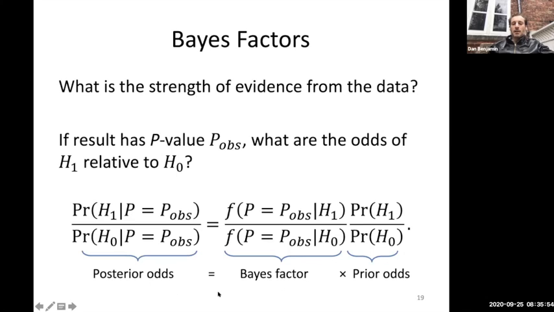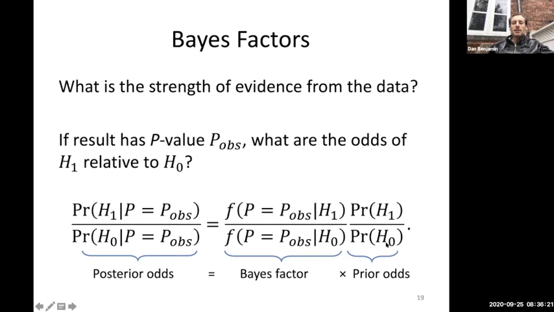The posterior odds equals, and now this term that previously was the rejection ratio, now that we have p equals p obs, is called the Bayes factor. One technical modification we have to make here is that because the p-value is continuous, we can't use probability here. We have to use probability density, but it's the same idea, and then times the prior odds.